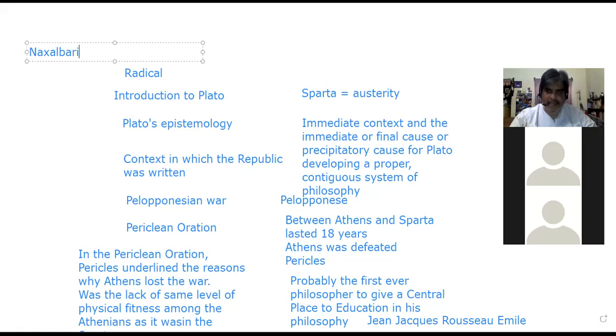So it's not Naxalites, it's Nakshalites. But there was this strange advisory not to call the people Nakshalites anymore, but to call them Maoists.